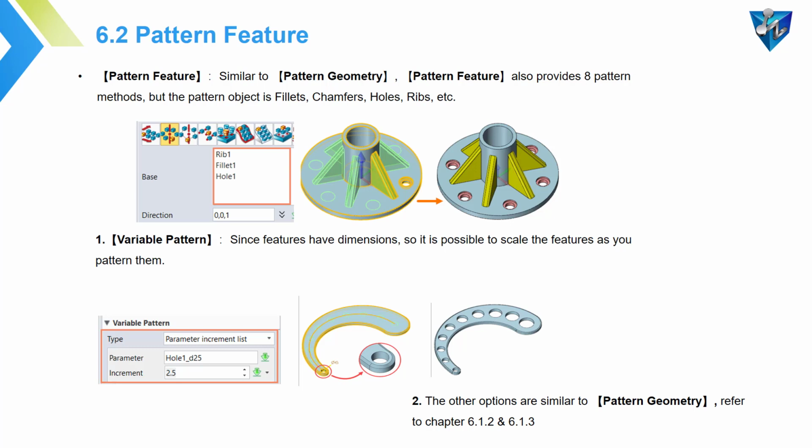Just now I said almost all because there is still a little difference, for example, the variable pattern. This is only available for pattern features, but not for pattern geometry. So with this option, we can change the feature size as we pattern them. Okay, now let's move over to ZW3D to show you more details.